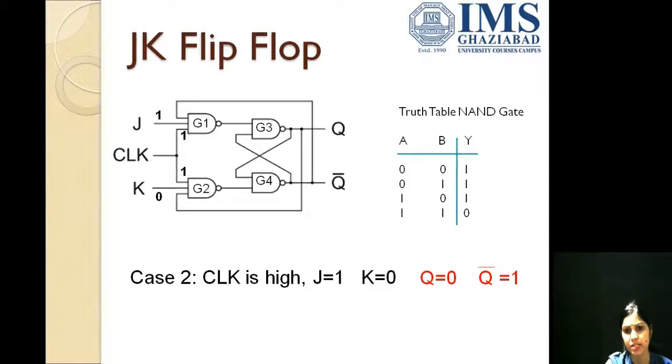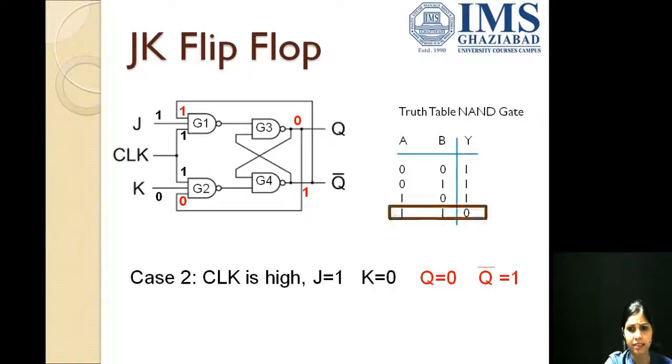These are the previous outputs, because in flip-flops the previous outputs play a very important role in determining the current output. Now this 0 would be going as an input to gate G2, and 1 from Q bar would be going as an input to NAND gate G1.